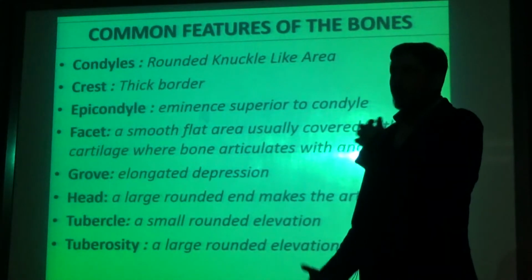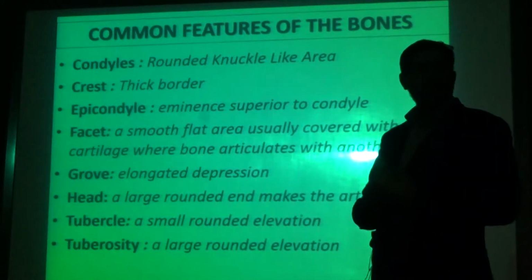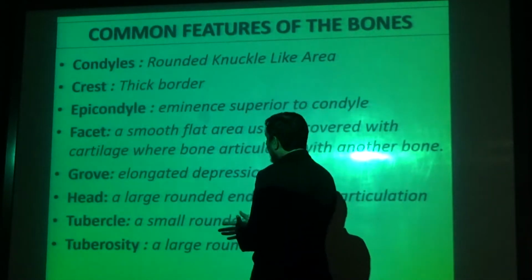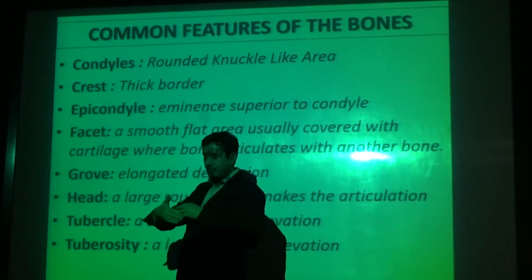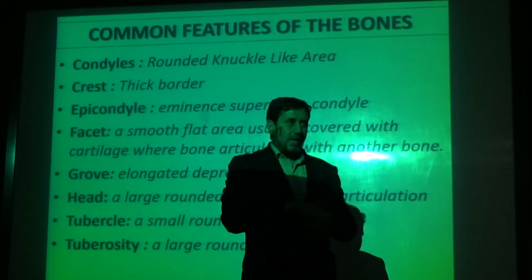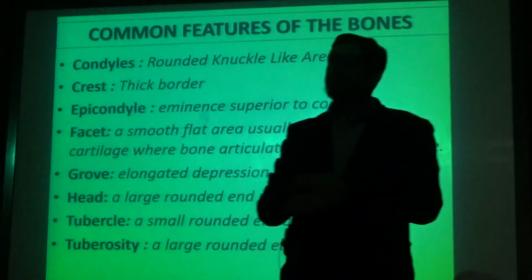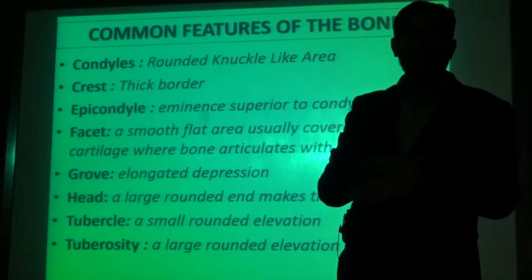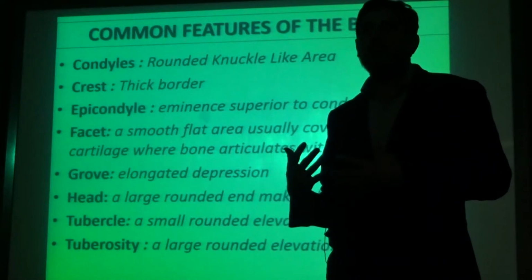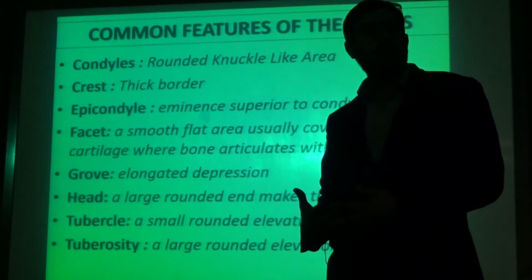The part of the scapula which is making a joint is known as a facet too, an articular facet. It is smooth, not rough, plain, and covered by cartilage. Which cartilage? Hyaline cartilage. Why? Inshallah we'll discuss. So these are the features you will find in all the bones.